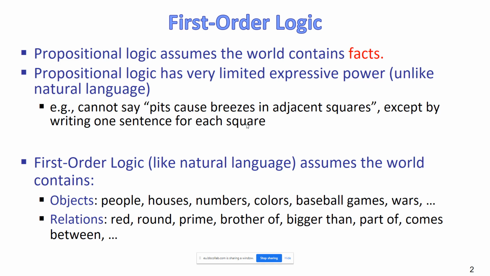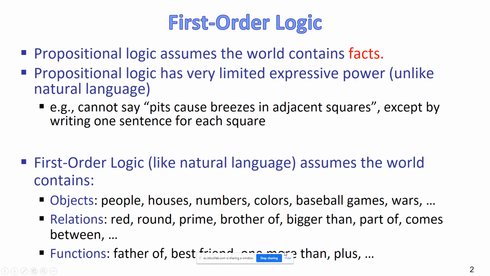A relation relates objects together. Sometimes the relations are about one object, like round, whether an object is round or not. We call it a unary relation because it has just one object, and sometimes we also call it a property. There is a special case of relations called functions. A function like father of takes one or more objects and refers back to a unique object.